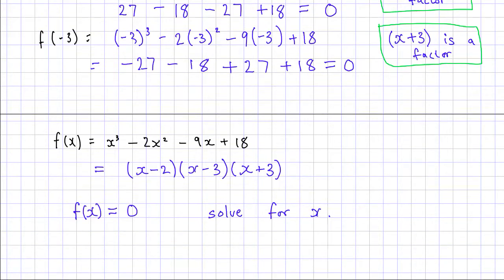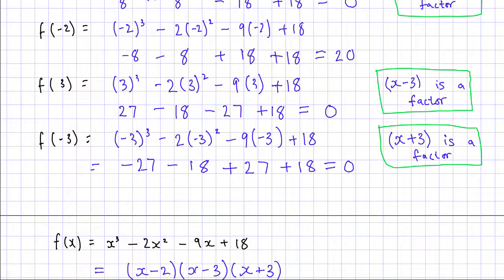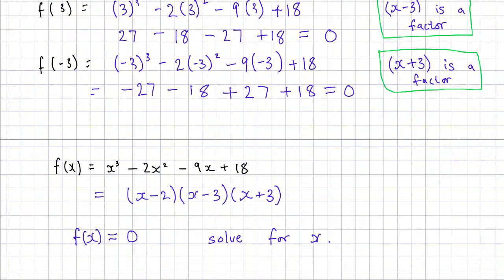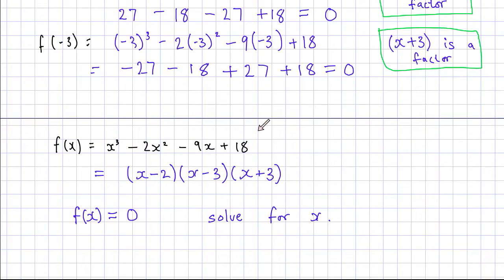What we've done is we've used the factor theorem to find the factors of our polynomial expression. This is the cubic expression here, and we've written it as a product of factors, and these are all linear factors. There's no quadratics in my brackets. So I've written it as a product of linear factors.